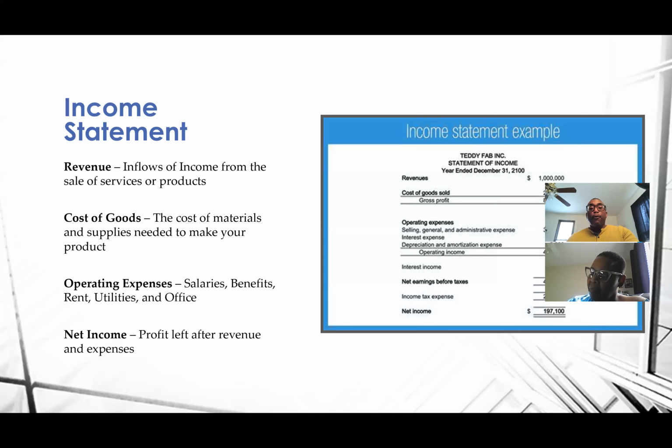Well, in order for you to make that book, you have to do printing, publishing costs, all these different other things to be able to generate it. So if you have costs to generate a product, that's called cost of goods.